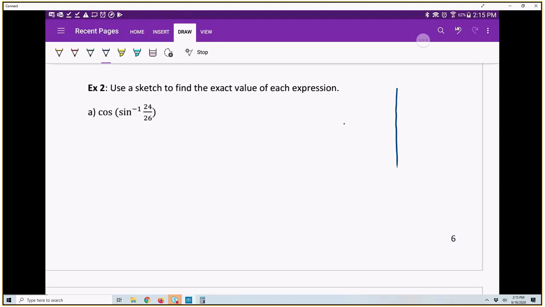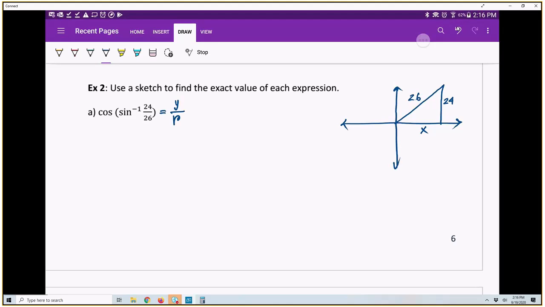Since it is positive, I must be in the first quadrant because negative sine inverse will be in the fourth quadrant. So I will say this is the triangle in the first quadrant. Sine is y over the radius r. So y is 24, radius is 26, and I do not know the x.